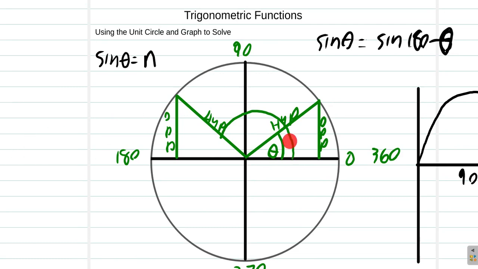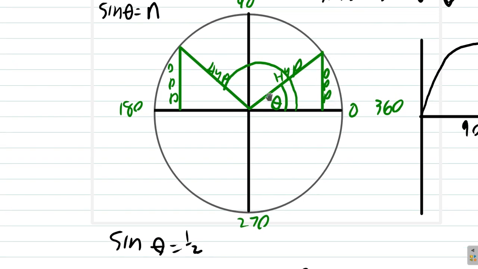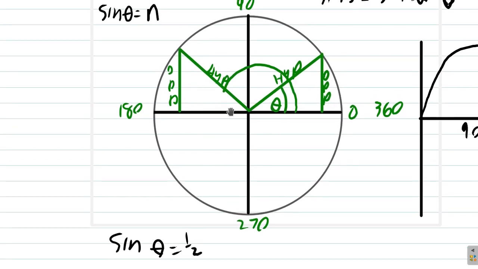If you go from here, you have this triangle. If this was 30, then it would mean that, this angle being 30, the opposite over the hypotenuse is a half. But this triangle over here, the same argument can be made about it. The opposite over hypotenuse will be a half.